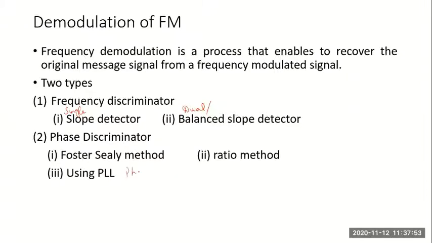PLL stands for phase locked loop. So out of all these three, we have only PLL in our syllabus. These two we don't study. Here we study both, but in this we'll be studying PLL. So among these things, usually they'll ask either the balanced slope detector or PLL commonly in the exam.